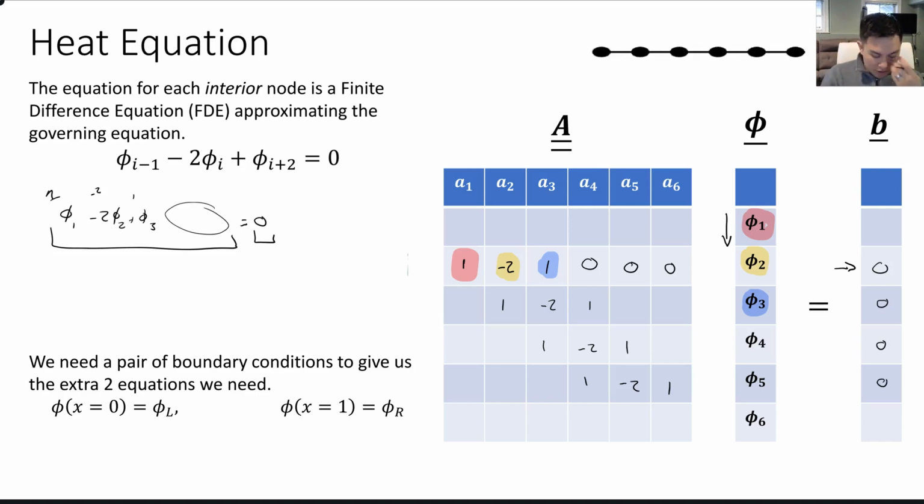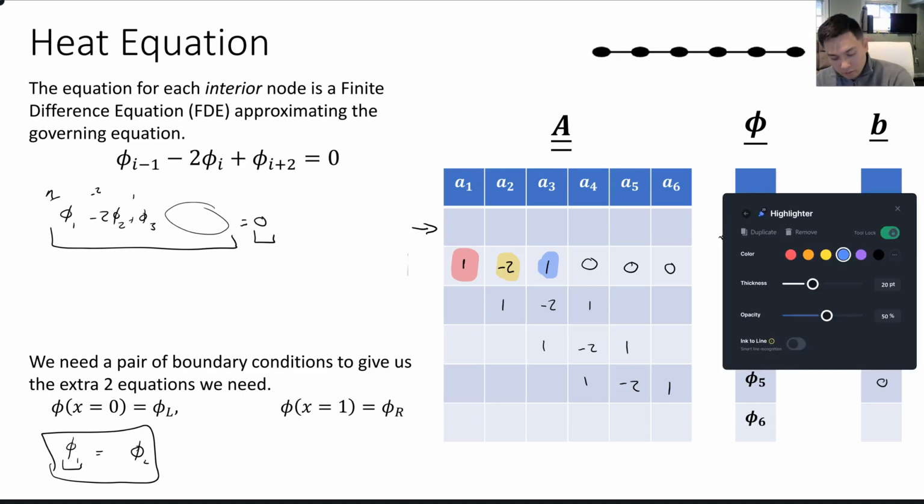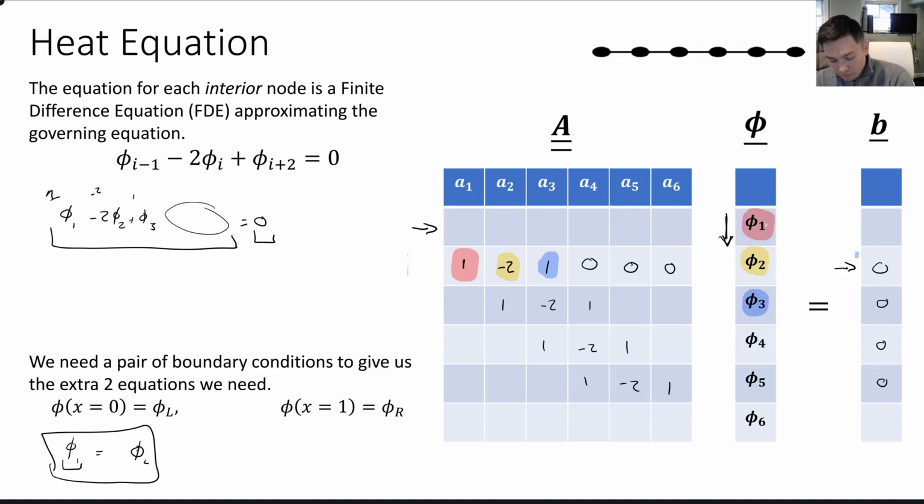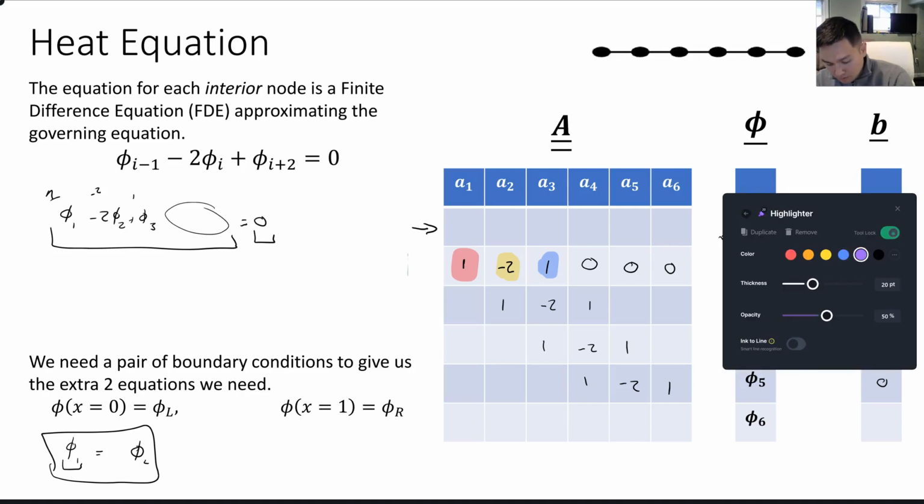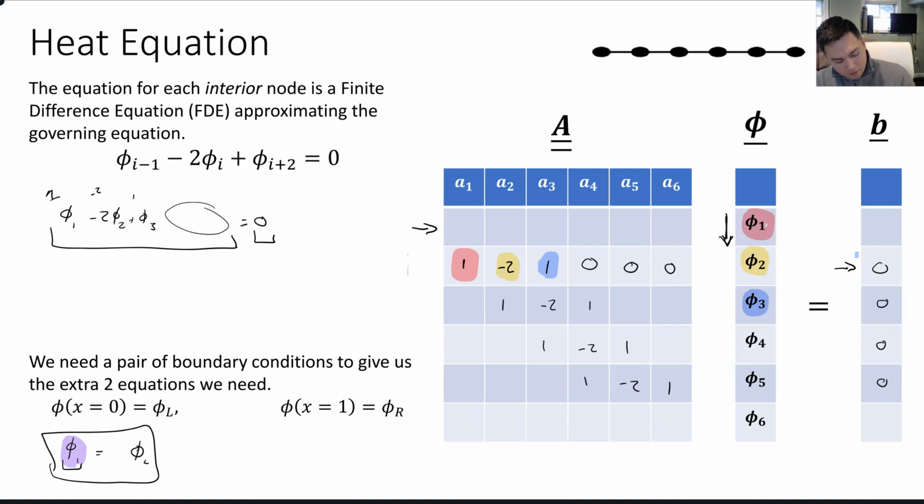Now we need a pair of boundary conditions, as we said before, and in this case we would say that our phi1 value is simply equal to phi L. We still need to figure out how to turn this equation into what we would get when we multiply our first row by our phi vector, and then set everything on the right-hand side in our b vector. Well, I only have one term that shows up, my phi1 value, so this phi1 corresponds to this spot here.